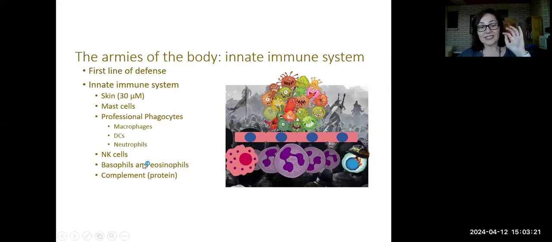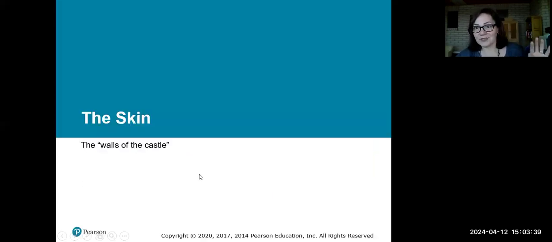In addition to these cells, we also have these systems of proteins that help us fight off infection. It complements the work of the individual cells. That's why it's called the complement system. We'll go through each of those in turn.